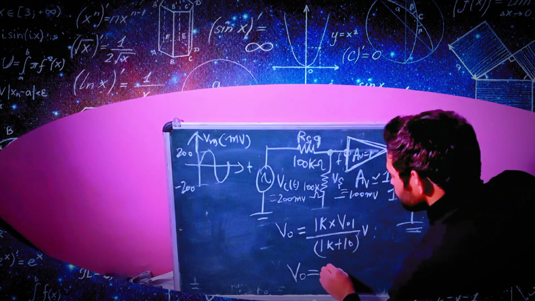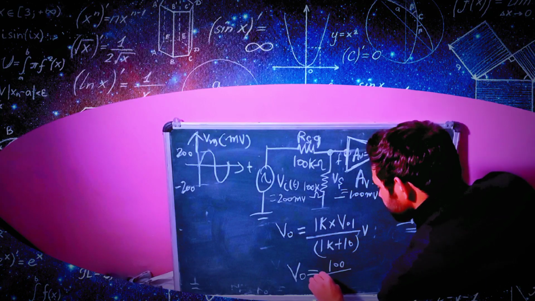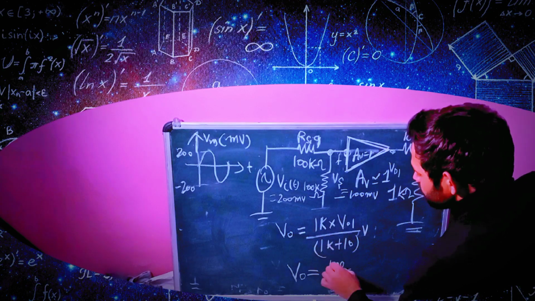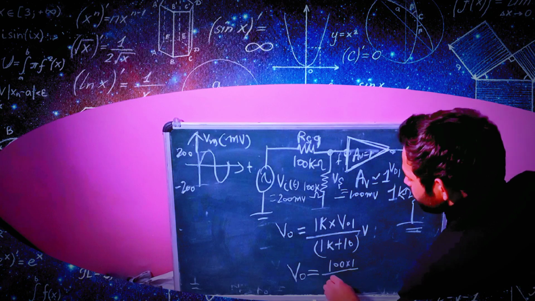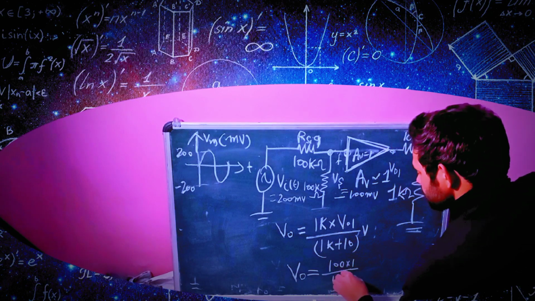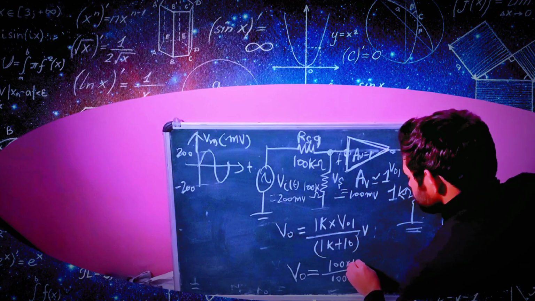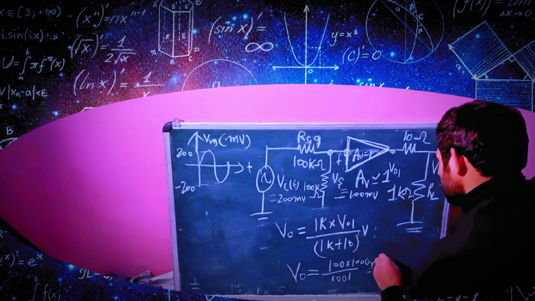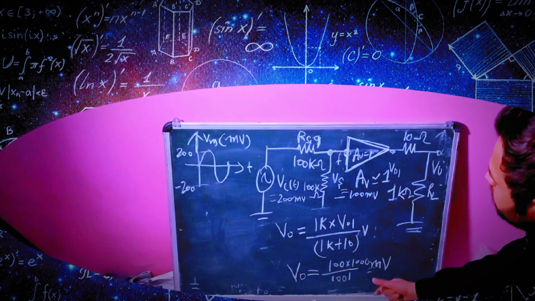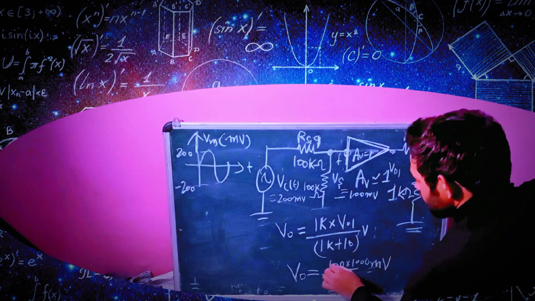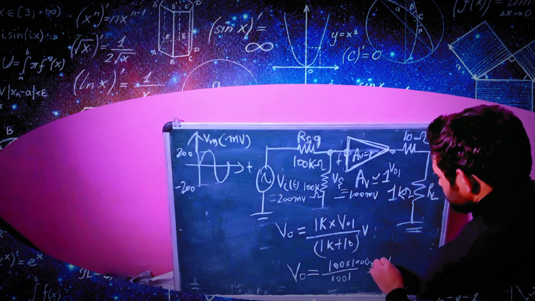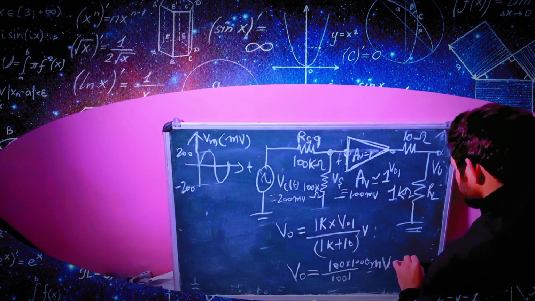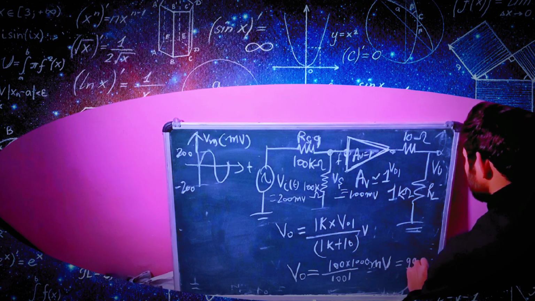So V0 is 100 millivolt into 1000 divided by 1010, which is approximately 99 millivolt.